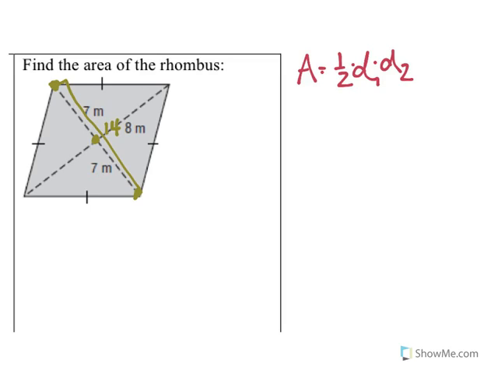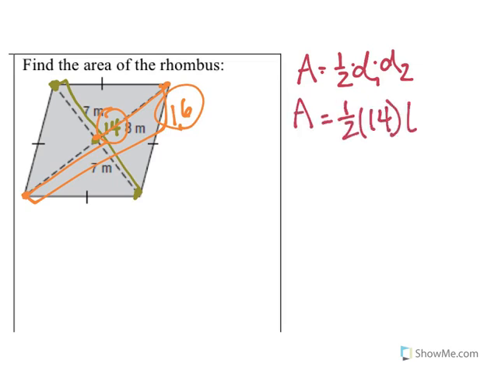Likewise, I know that the distance from the middle to this corner is 8, so I can infer that the distance from the other corner to the middle is also 8, which makes this entire distance 16. So I've got 14 and 16. Those are my two diagonals. So I'm just going to do area equals 1/2 times 14 times 16.